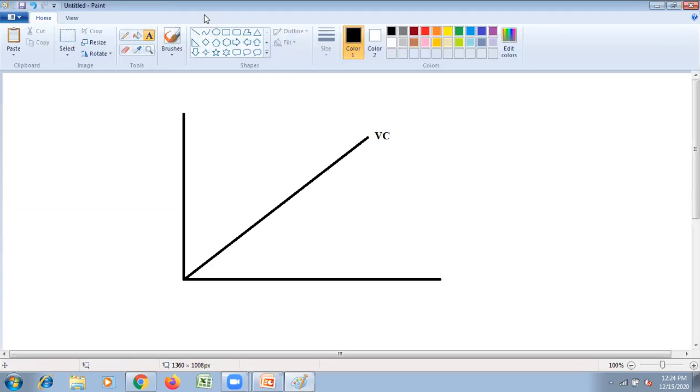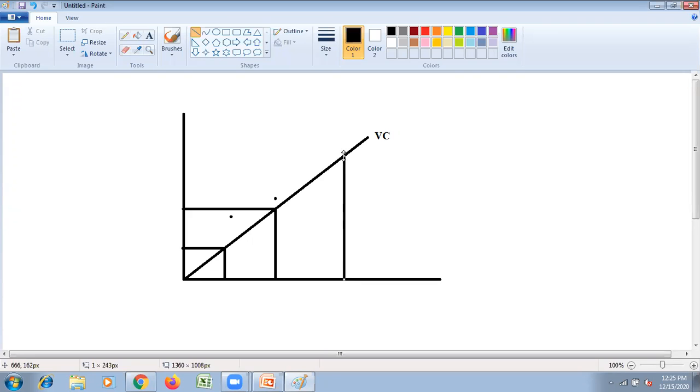If this is the output, your variable cost will be this much, right? But if output increases and goes there, you can see that the variable cost is also going up. So this is actually the normal behavior of a variable cost.